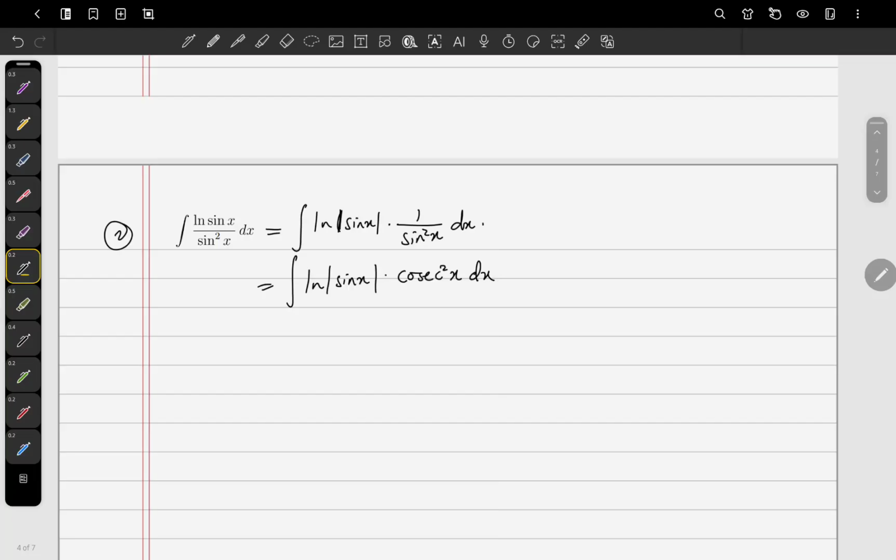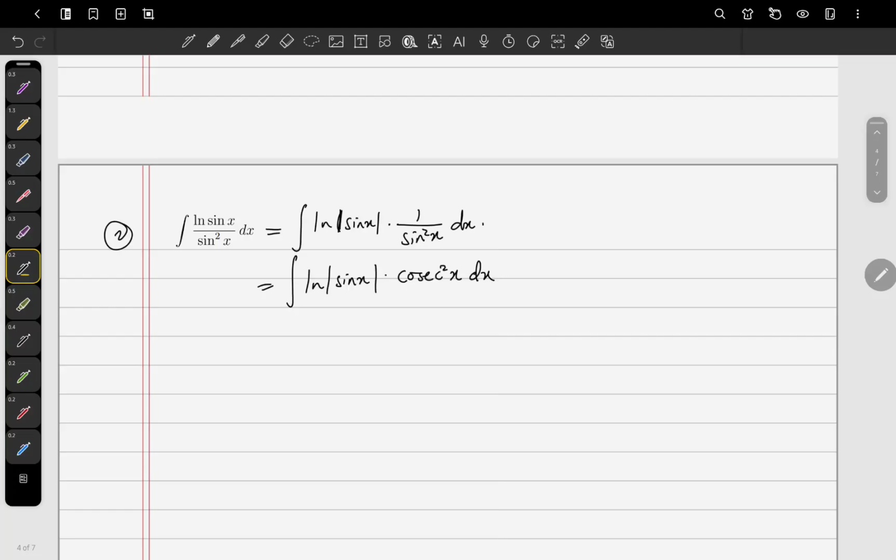So why do we have to see it this way? This is because this is now a product of two things where we know the derivative of one of them and we know the integral of the other one. So in integration, when you have something like that, the best thing to do is to go with integration by parts.